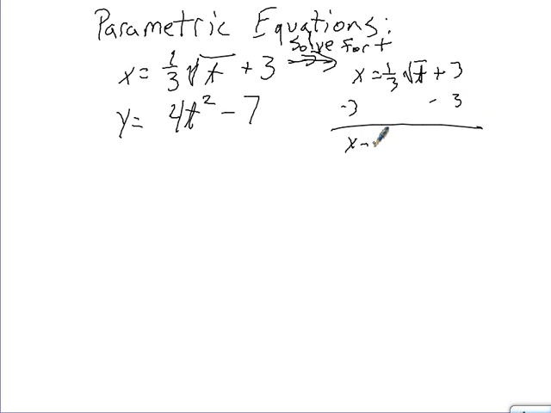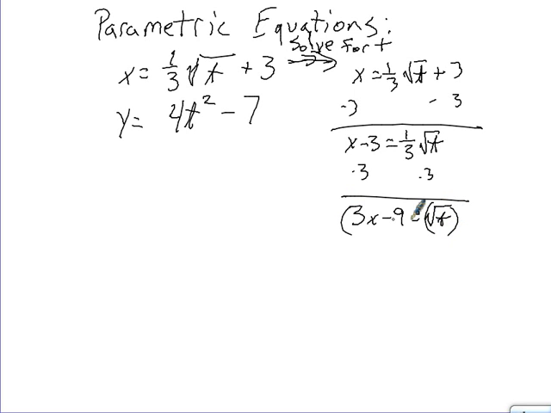So x minus 3 equals 1/3 square root t. And now I have to multiply both sides by 3. 3x minus 9 equals square root t. And now I have to square both sides to undo the square root.